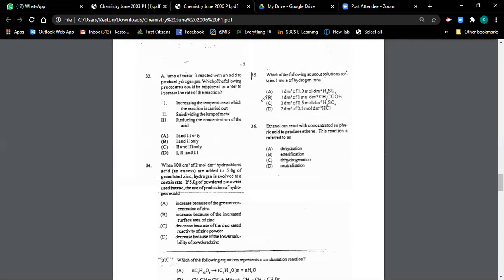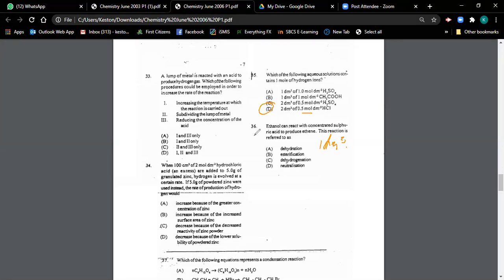D. Very good. Right? 2 dm cubed at 0.5 moles per dm cubed. This means for every 1 dm cubed, you're going to get 0.5 moles. And we have 2 here. And if you notice here, you have 1 H. You're talking about hydrogen ions. So in solution, you'd liberate just 1 mole of your hydrogen ions here.